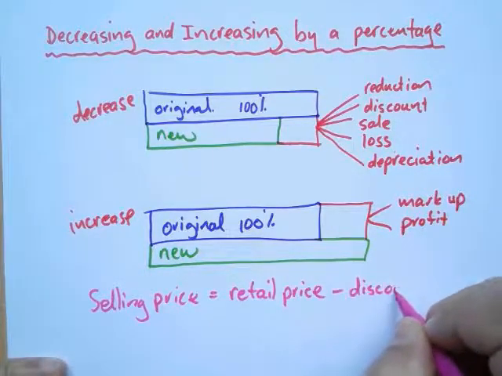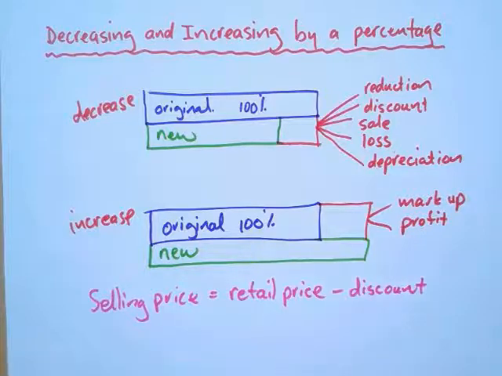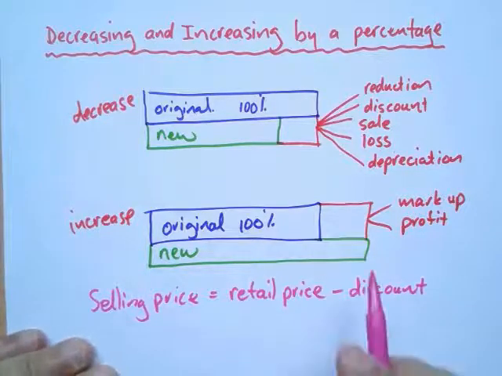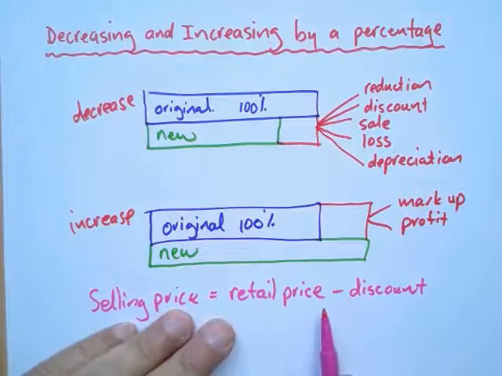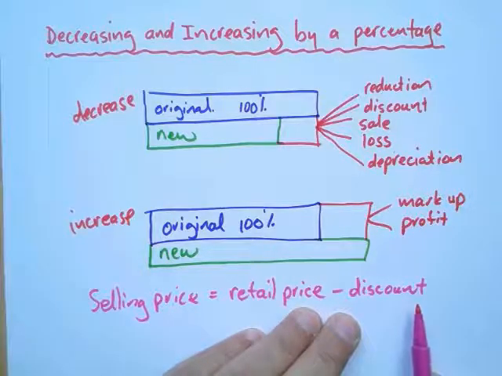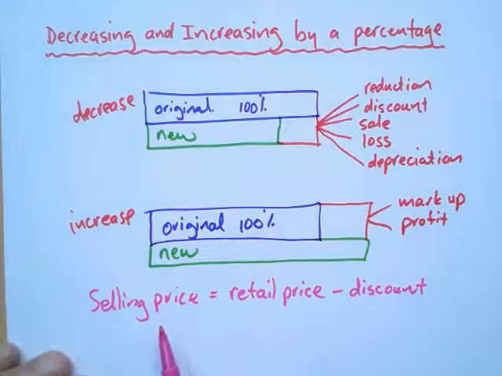Now, in my examples, you will see that we don't actually write this down, we just use it in our little picture. But what that means is, whatever it was marked for, that will be the retail price, and then you take the discount away, and that tells us what you sold it for.